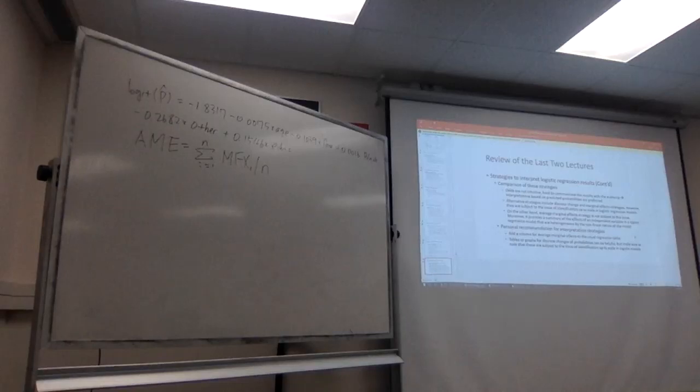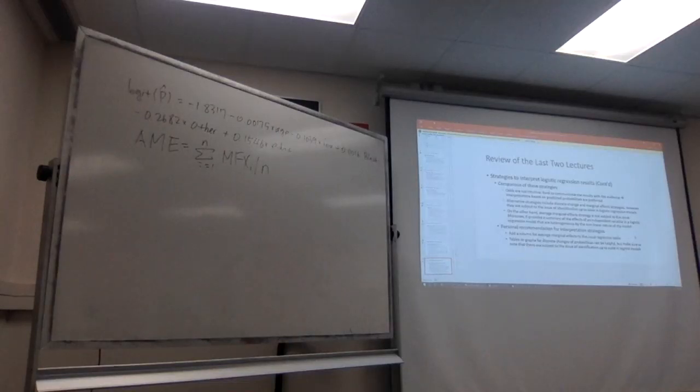Moreover, it has an advantage. It provides a summary of the effects of an independent variable in a logistic regression model that are heterogeneous by the non-linear nature of the model. So there are different effect sizes for all individuals for a variable.